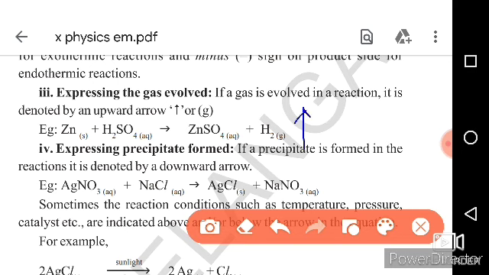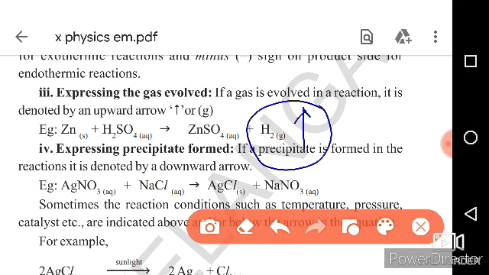If any gas is evolved in any chemical reaction, that is denoted by an upward arrow. H2 gas, all gases will go in the upward direction. Based on that, this notation is given.